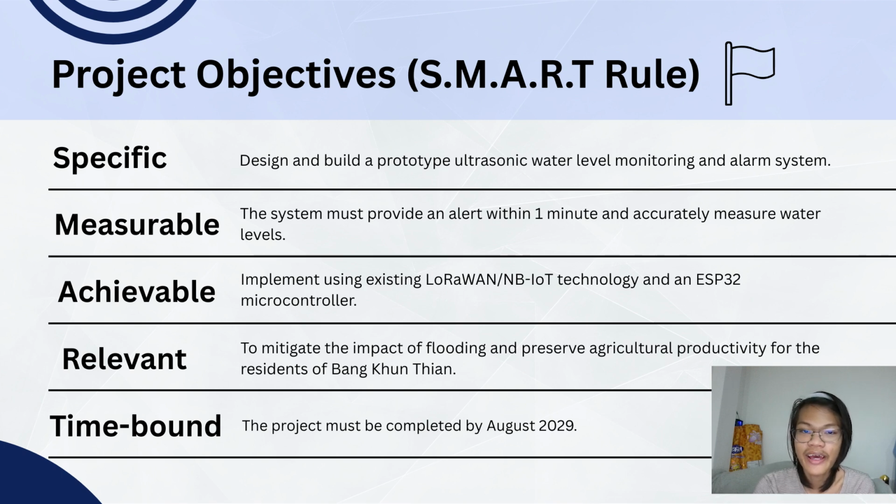A stands for achievable: it is feasible because we are using existing technology such as ESP32 and the NB-IoT network. R stands for relevant: it addresses the economic problem of the community. T stands for time-bound: this project must be delivered by August 2029.